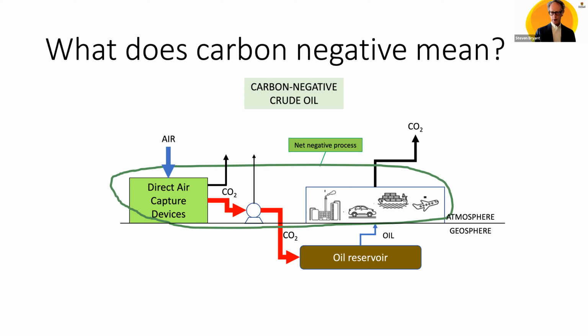So we transport it, we refine it, we combust it in various processes and engines and emit CO2. The key point here is, as long as we're pulling more CO2 out of the atmosphere and storing it in the geosphere, then the sum of all the emissions from running this entire process will be carbon negative.